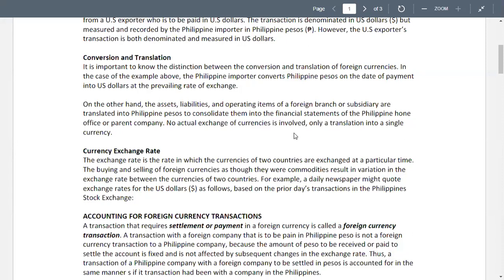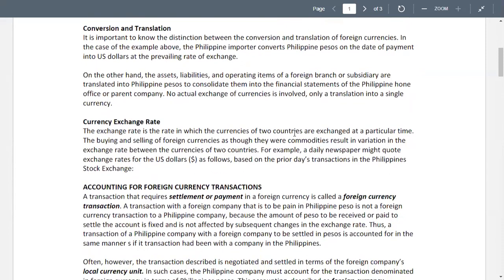So we have now the accounting for foreign currency transactions. A transaction that requires settlement or payment in a foreign currency is called a foreign currency transaction.